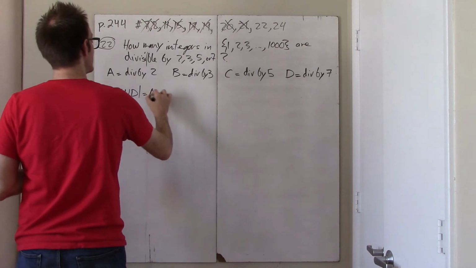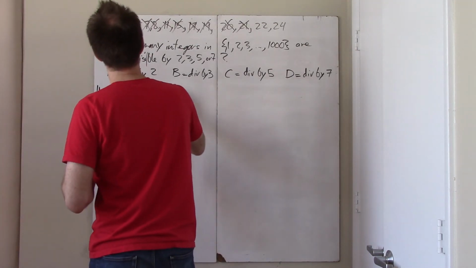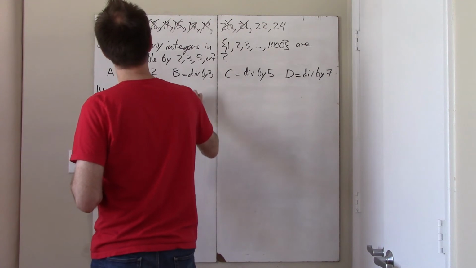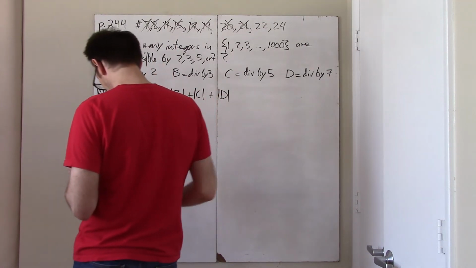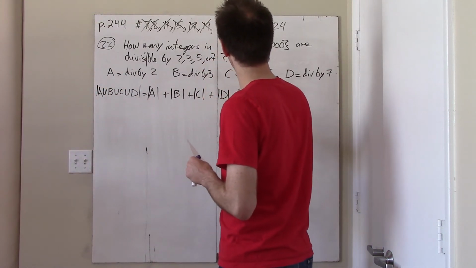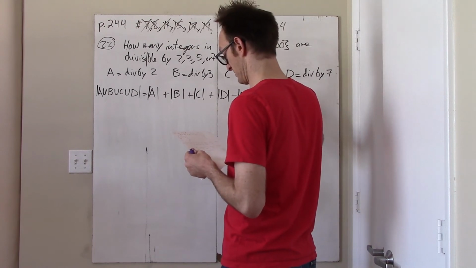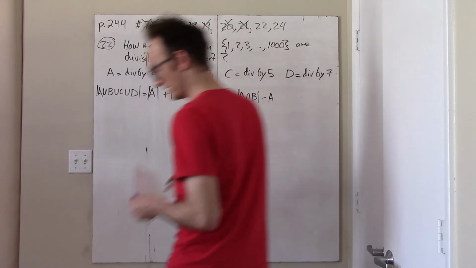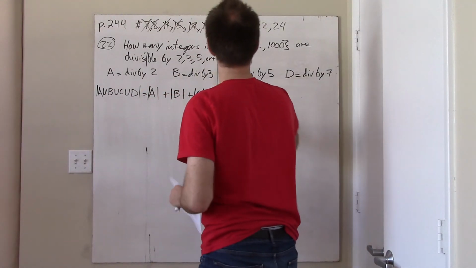And this is going to be A plus B plus C plus D minus A intersect B minus A... Oh no, this is just going to continue on. Let's see, can we do this in an organized fashion? Yeah, let's do that.